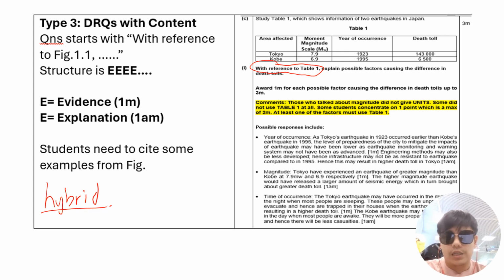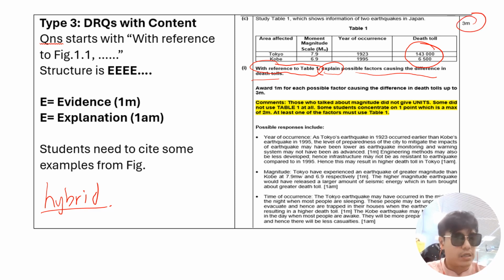All right, the table, just go through a very fast one. The table shows two different areas that are affected by earthquakes in Japan, and there are some numbers given over here. You're supposed to explain possible factors causing the difference in death tolls.